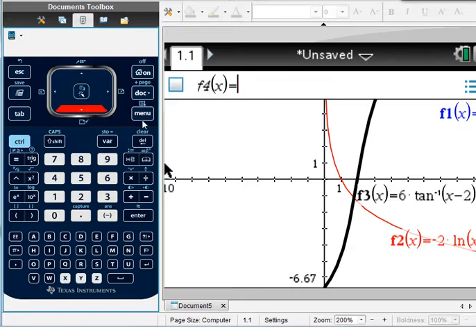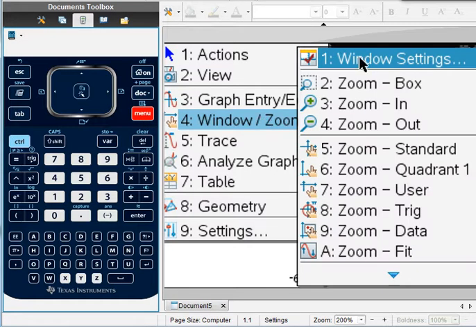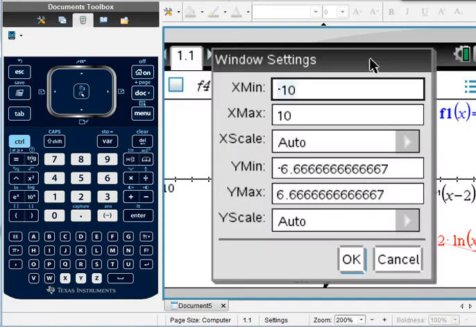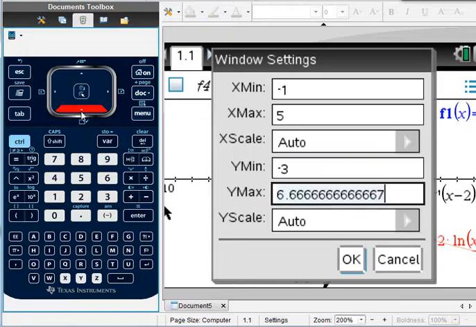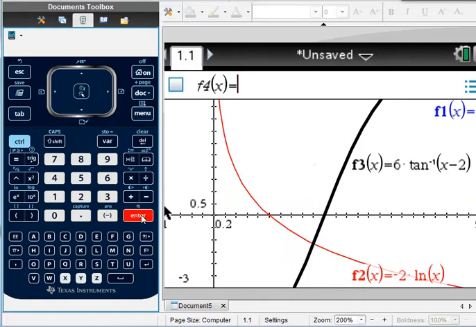Okay, and then let's go to menu. Let's go from negative 1 to 5 for x min max, and negative 3 to 6 on the y-axis. Okay, so there's our region again.